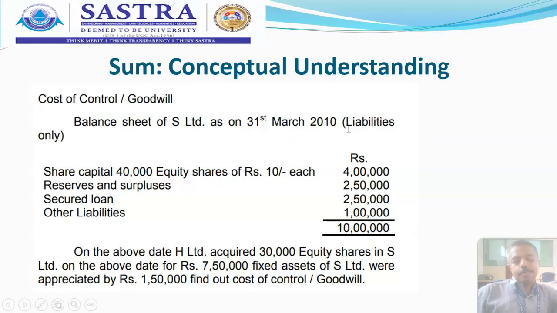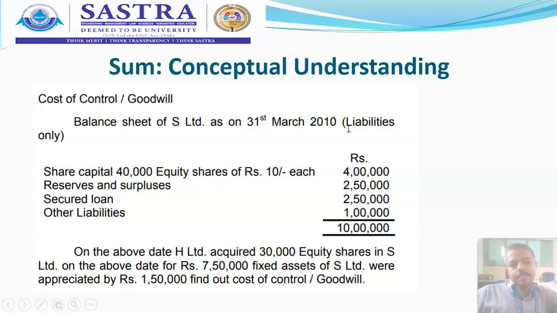But we are buying the shares for rupees 7,50,000. But the total net assets realized for that 7,50,000 is only 6 lakhs. Which means we are paying more than what has to be paid.